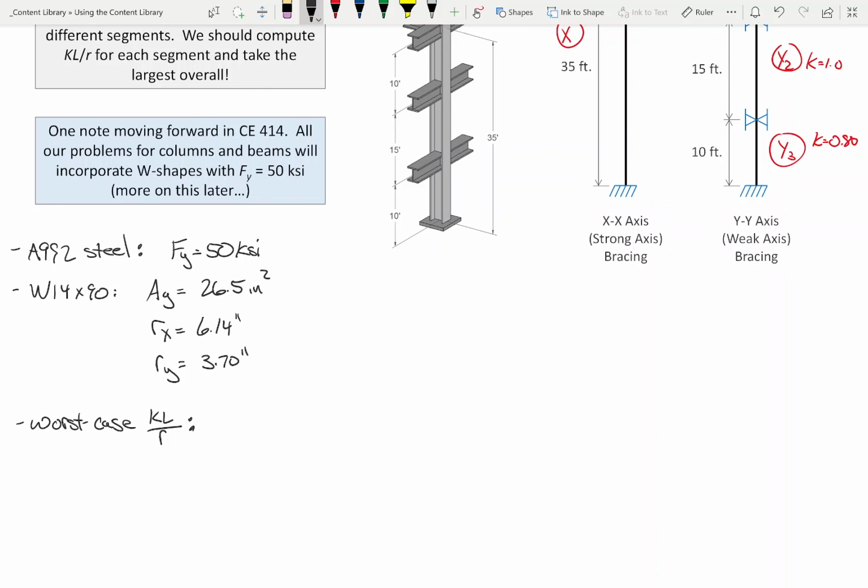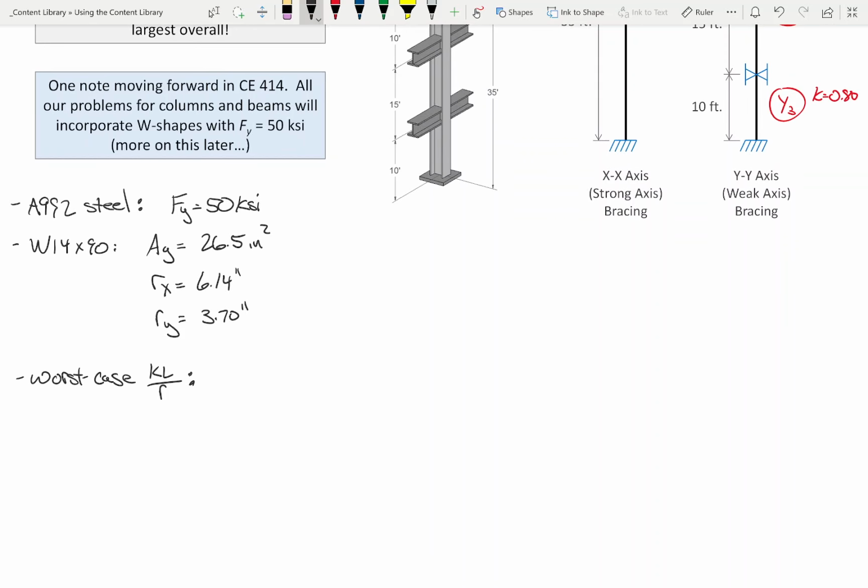So I'll say case, we'll call it x, y1, y2, y3. Let's write the K value for each case. What did we say? This was 0.8. This was 1, 1, and 0.8. Is that right? Okay.